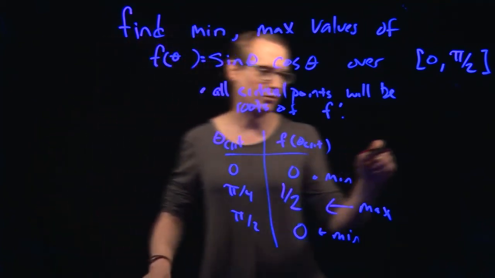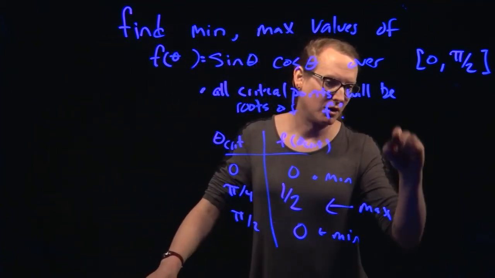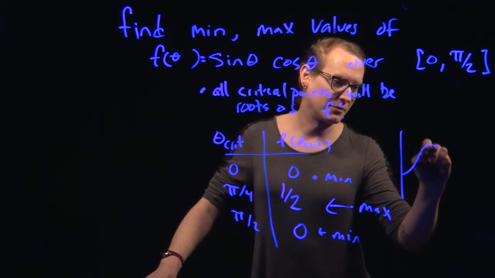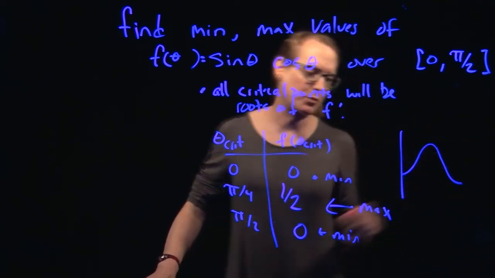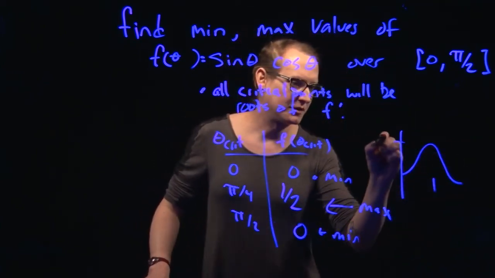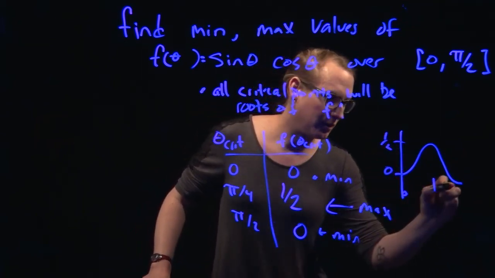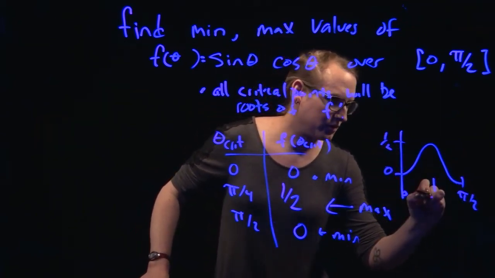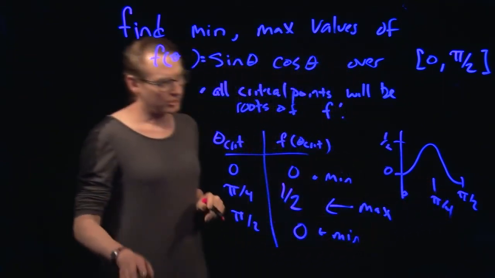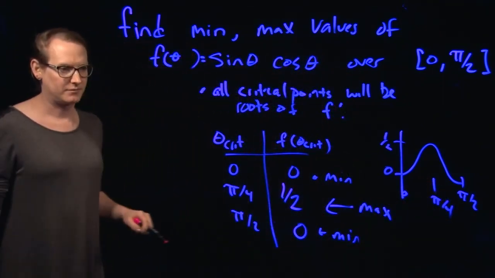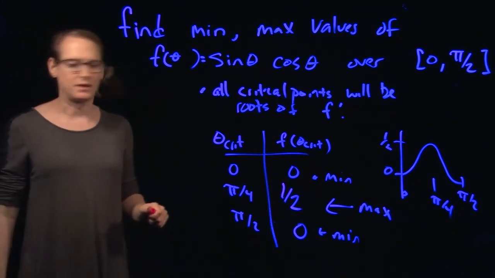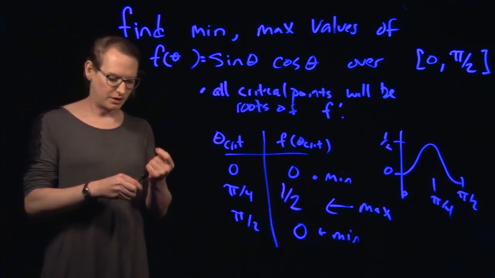And if you were to plot what the function looks like over this interval, it looks something like that. This is not a perfect diagram of what this function looks like. A half, 0, 0, pi over 2, pi over 4. And we have our maximum and minimum value of our function over the interval.